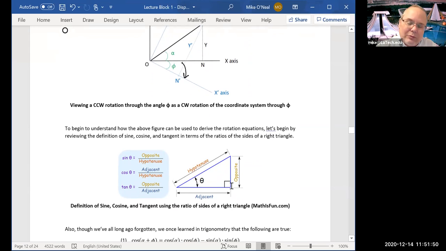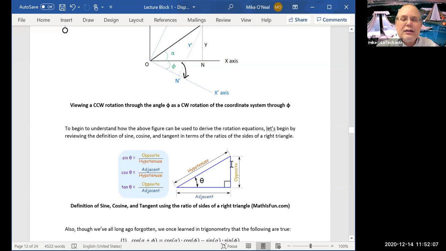We've already reminded ourselves about sine and cosine as a wave with a particular wavelength and periodicity, but we can also define sine and cosine in terms of a right triangle.